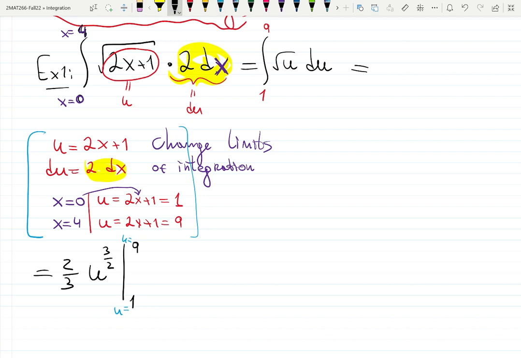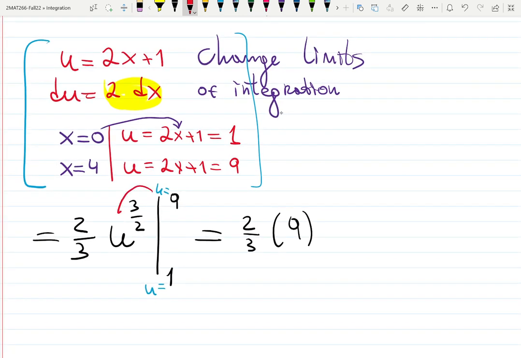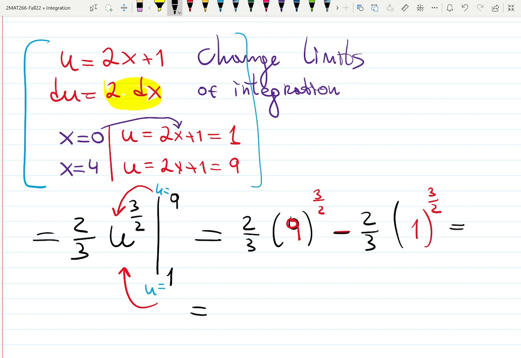So 2/3 u to the 3/2. Do you remember top minus the bottom? That's how I teach. Plug in 9, the top, minus plug in 1, the bottom. So I'm plugging in 9. Don't forget all the notation, so 3/2 stays. Minus 2/3, plug in the bottom, which is 1, to the 3/2. Calculate. Do you know how to calculate 9 to the 3/2?